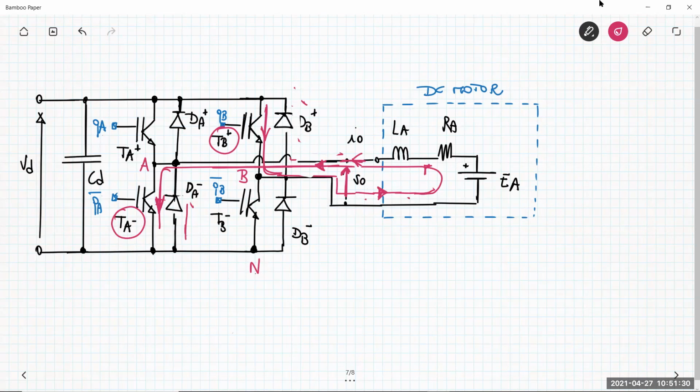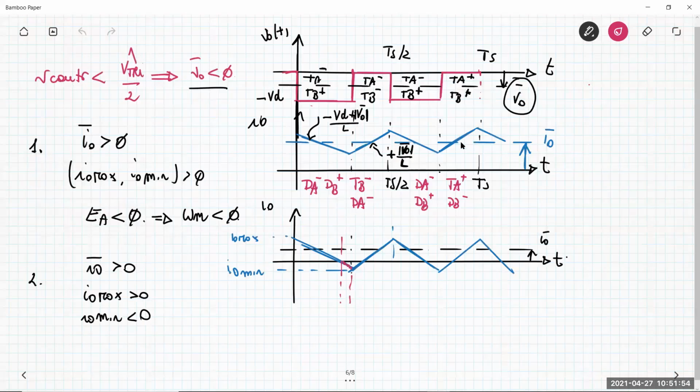I have another question from Antonio Moles. In the first case, when TA plus and TB plus are on, it's not dB plus that conducts the current. What I said before. Let me check.